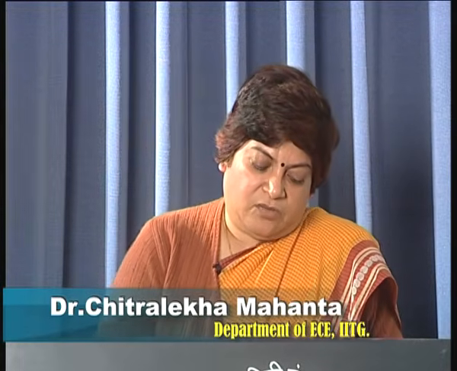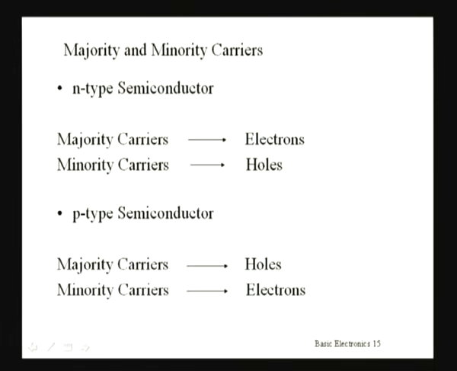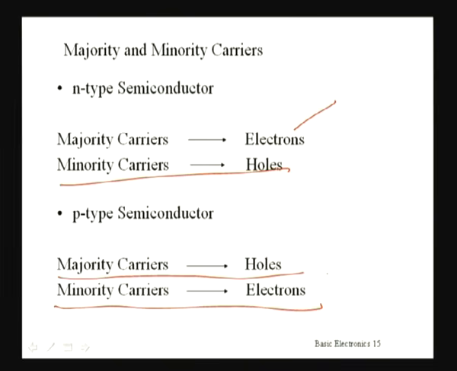So this is p-type material, where you see all these carriers and ions here. So now we can summarize that in n-type semiconductor, the majority carriers are electrons and minority carriers are holes, and in p-type semiconductor, majority carriers are holes but minority carriers are electrons. So these are the charge carriers available in n-type and p-type semiconductors.